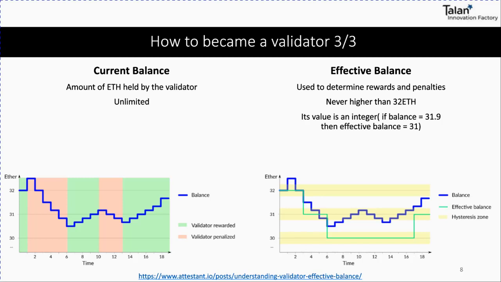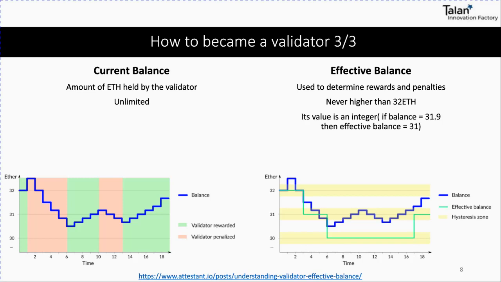And if you lose more than 0.5 Ether, it will go down, but if you lose, let's say, 0.2, it won't change. If you gain just 1 Ether, it won't change. That's the main idea. Also, the effective balance is an integer, meaning you won't have any decimals. It's just 32, 31, 30, and that's how it's calculated.